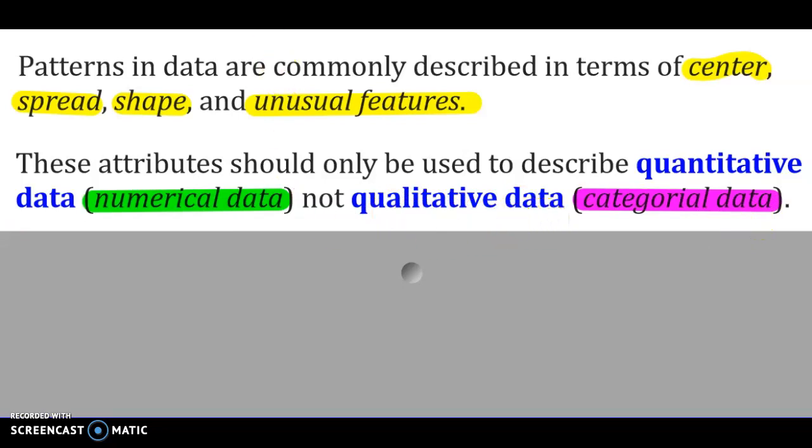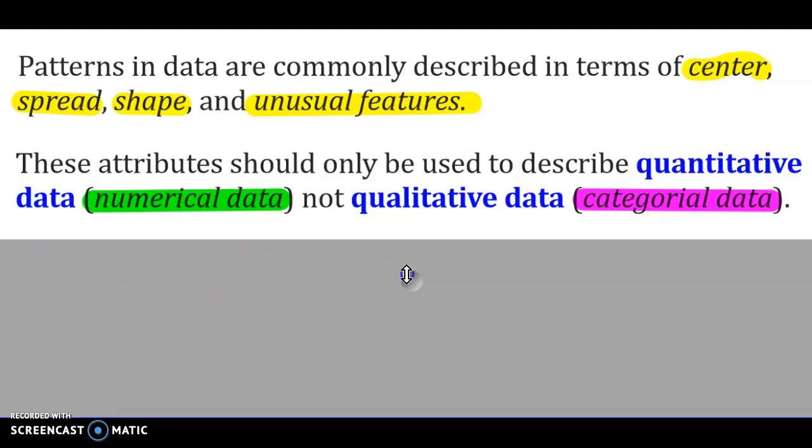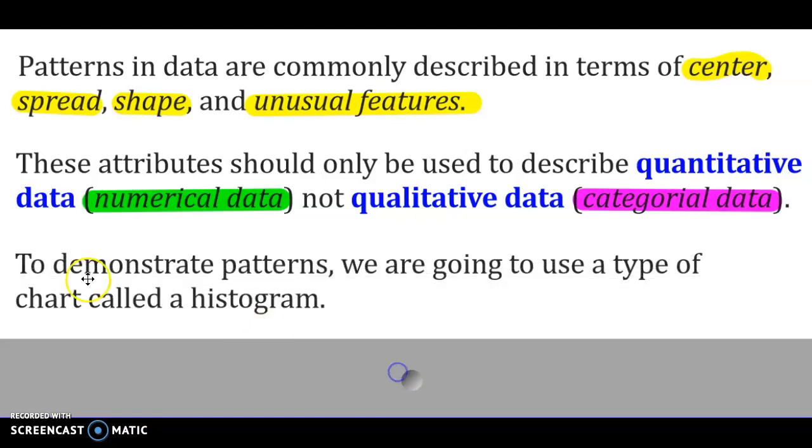Qualitative data would be what country your ancestors came from: England, India, France, China, Japan, Vietnam. Those are categories. With numerical data, you can literally do the same spread between values, say 20 to 30, 30 to 40, 40 to 50, and nobody gets left out. But qualitative data is done literally just as classifications. So this is something that we use on our center, spread, shape, and unusual features. We use that for quantitative data.